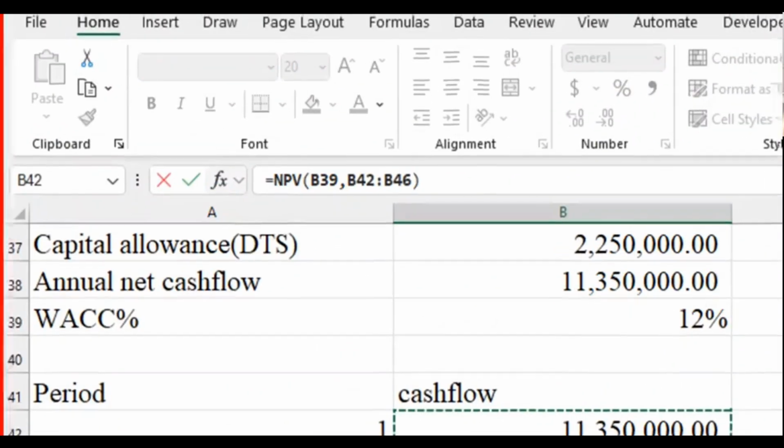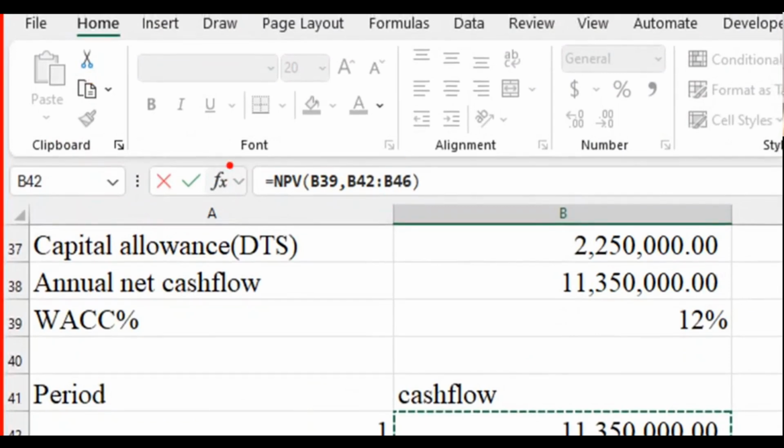This is our formula bar. Here I can still do my computation because I already have the present value of cash inflow. I can just go direct and minus the initial cost from there.